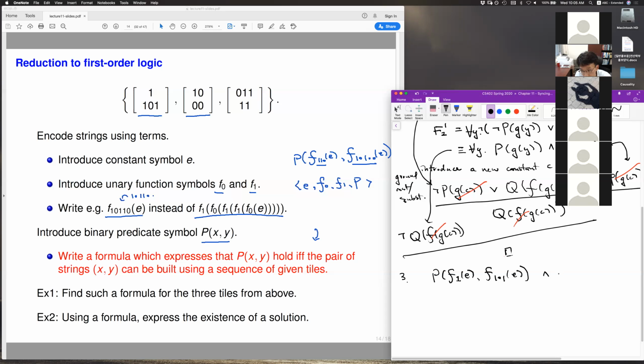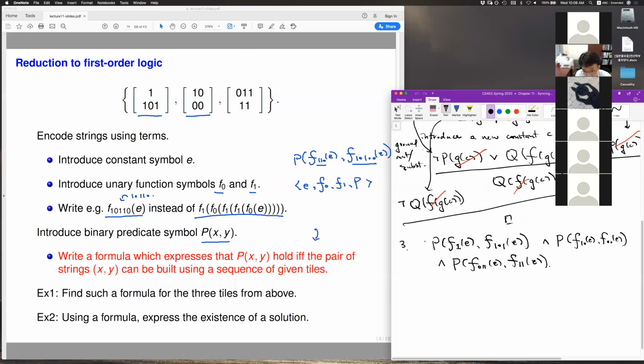And then we say the same thing for the second tile, F1 0 E and F0 0 E. And also say the same thing for the third tile. So this covers the base case, where the length of the sequence of tiles is 1. Now we are thinking about the inductive case. That's formula 1. Formula 2 is covering the inductive case.